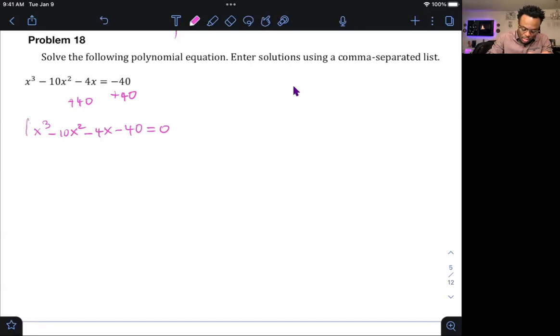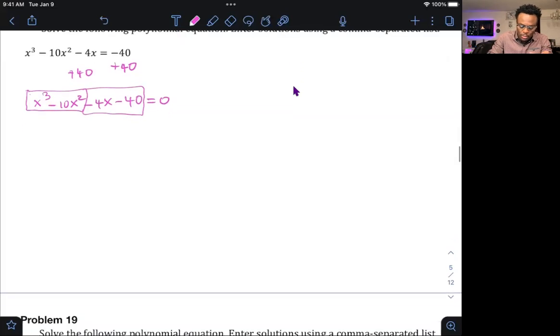Let's find this first group and the second group. GCF of the first group is x squared. Factor it out. That's x minus 10. GCF of the second group is negative 4. Factor it out. So that is x, and that is a plus 40.